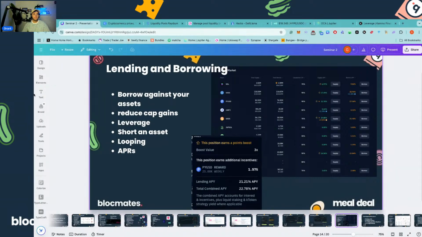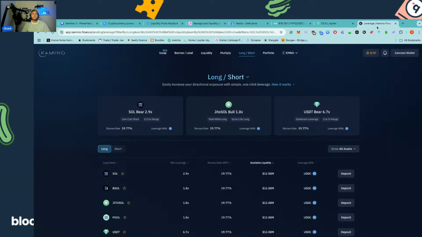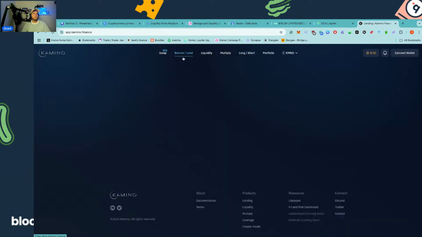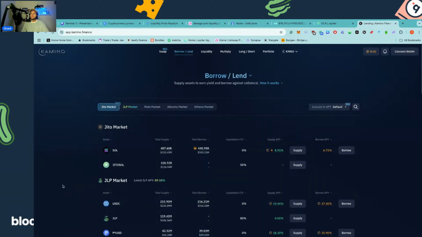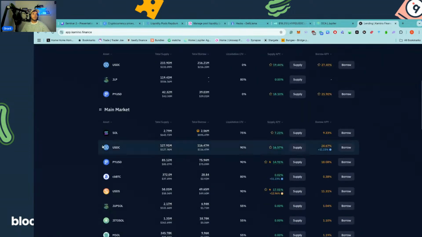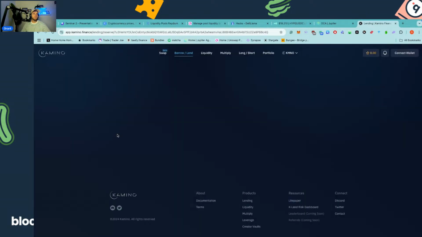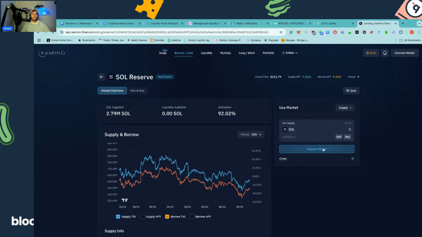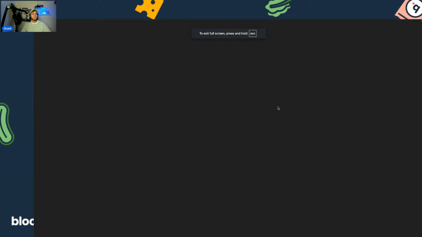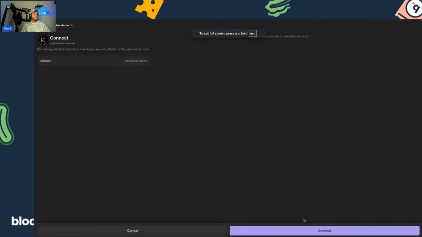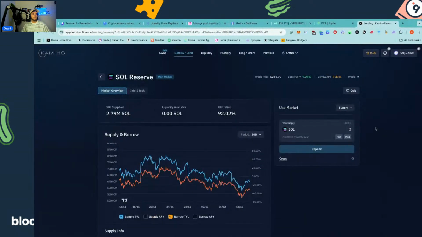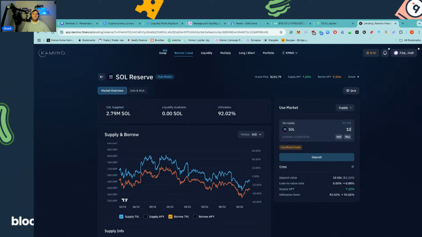A money market is a lending and borrowing market where you can come to something like Kamino or Aave or basically any other lending and borrowing protocol. I've got some Solana, and this Solana I never want to sell. Let's just say you're an early adopter of Solana and you got 10,000 Solana, and that's kind of like 2.32 million.